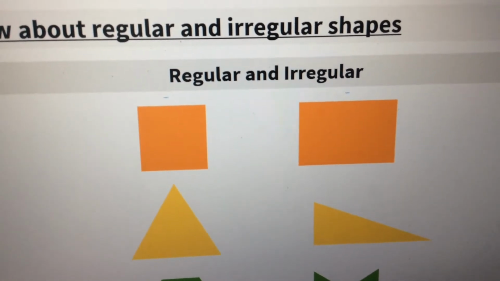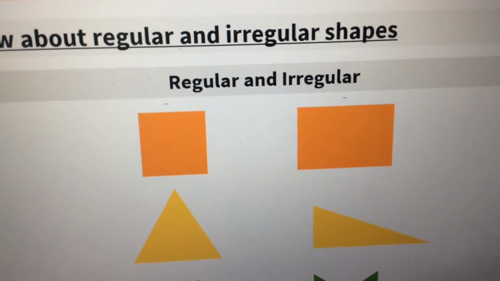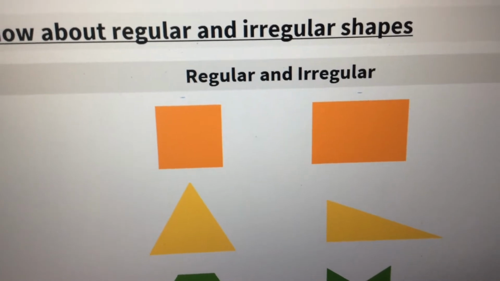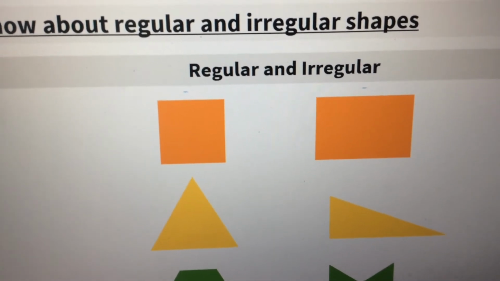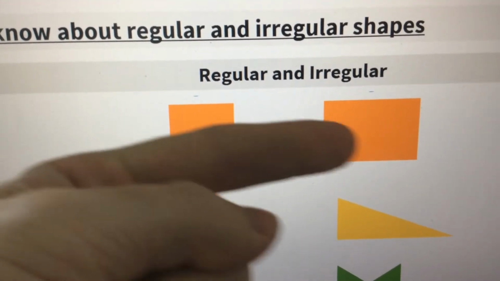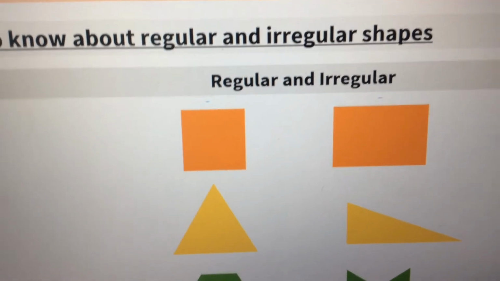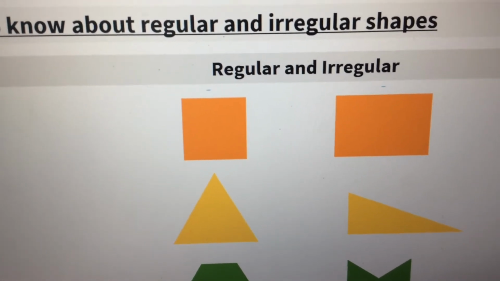It's got 4 sides and it's got 4 angles. And each of those 4 angles is 90 degrees. So the angles are all the same, but the length of the sides are not all the same. So it's got 2 short sides and 2 long sides. So a rectangle is an irregular shape.